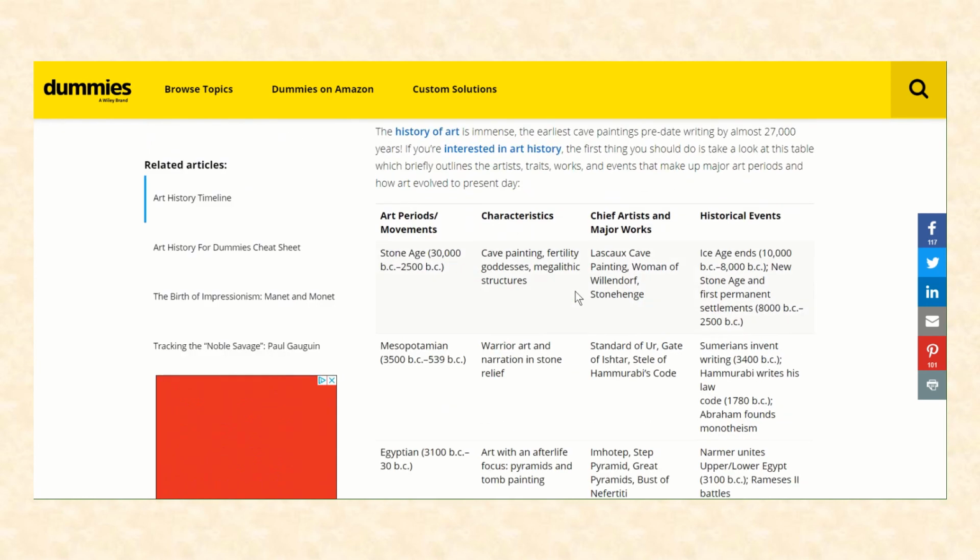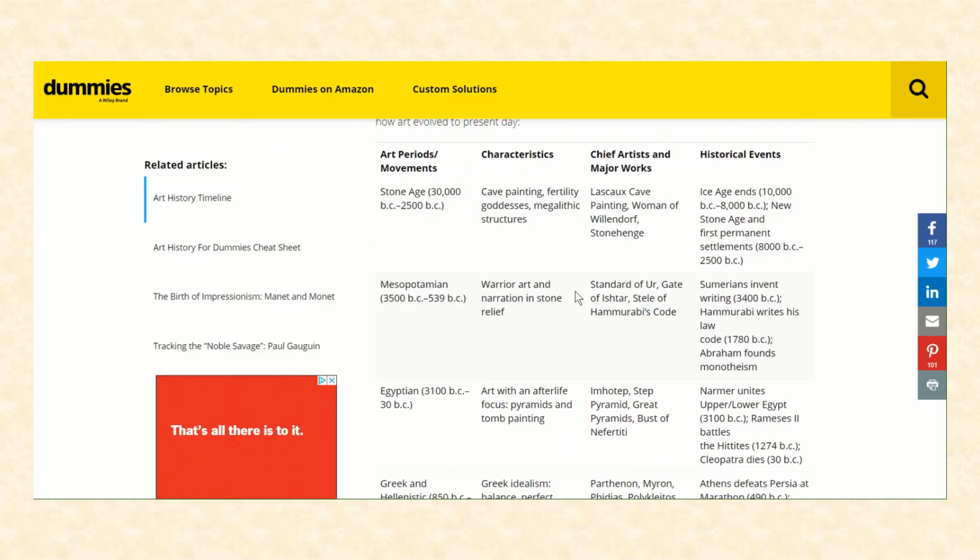Take a look at how all these different timelines are listed and movements, and also characteristics of the time, some of the chief artists, and some of the famous works that a lot of people would recognize that are representative of that particular period or movement, and also a brief description of some of the historical events that were going on during the time of these artists.